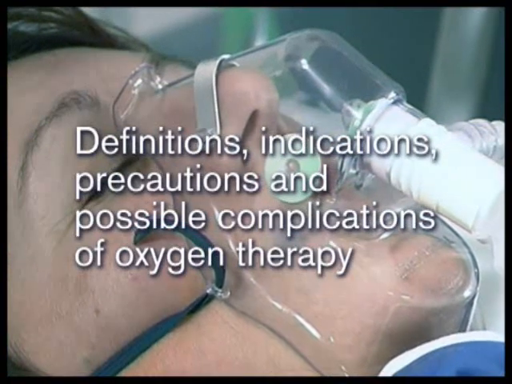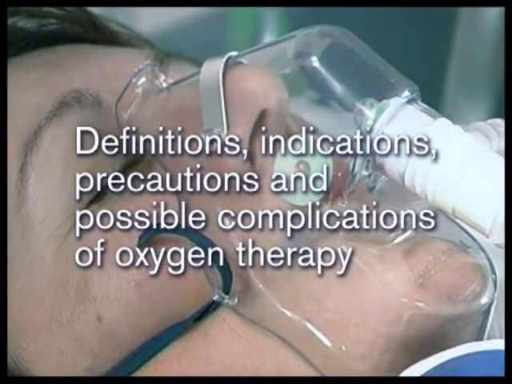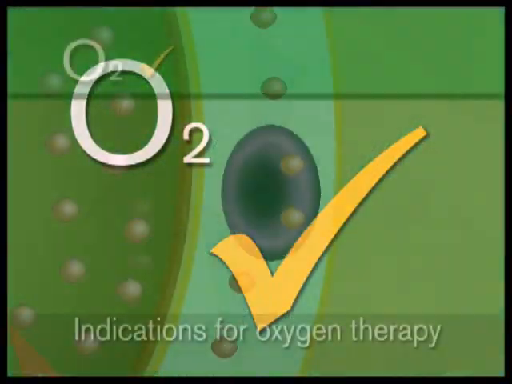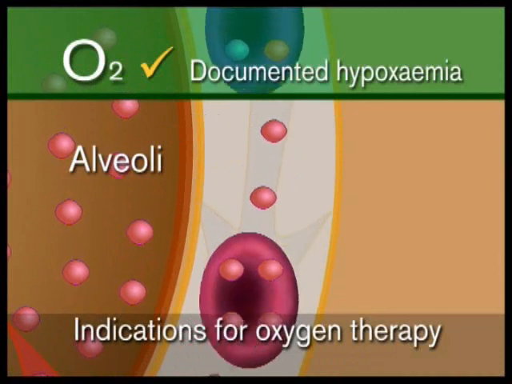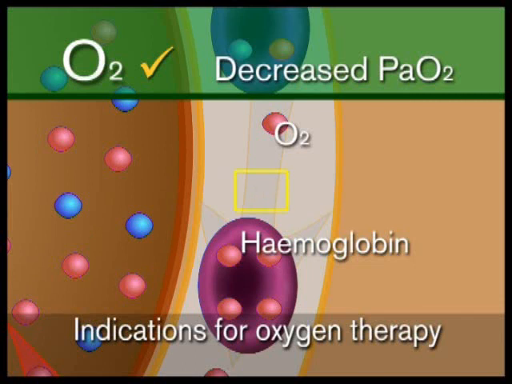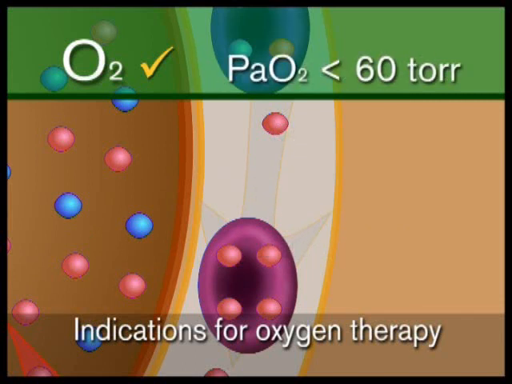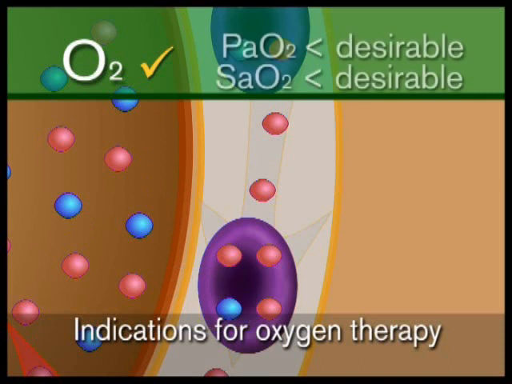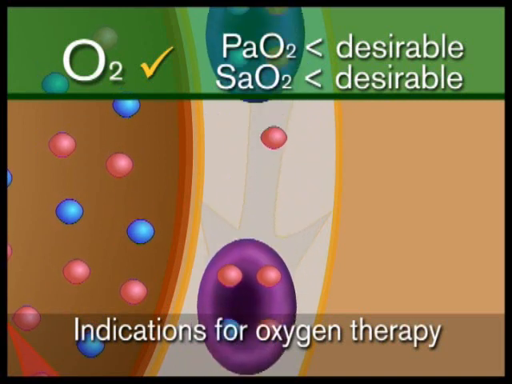Definitions, indications, precautions and possible complications of oxygen therapy. Indications for oxygen therapy include documented hypoxemia. This is defined as decreased PaO2 in the blood below normal range: a PaO2 of less than 60 torr or SaO2 of less than 90% in patients breathing room air, or with a PaO2 and/or SaO2 below the desired range for a specific clinical situation.